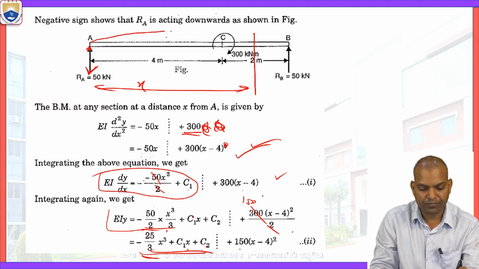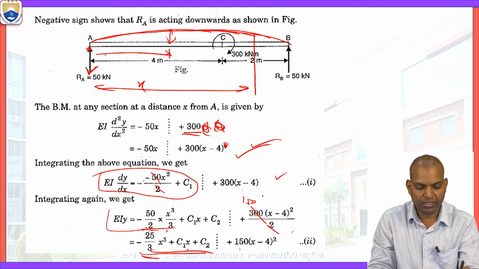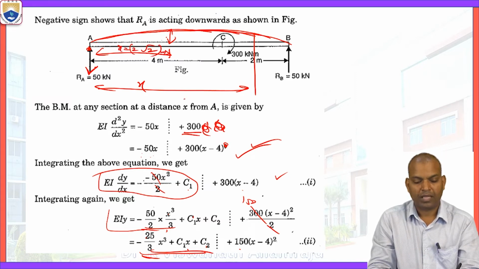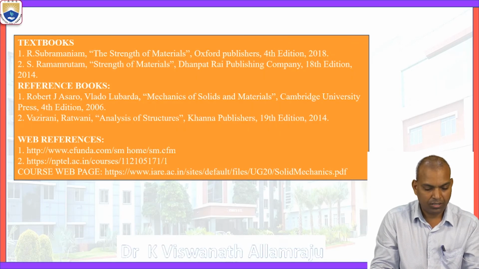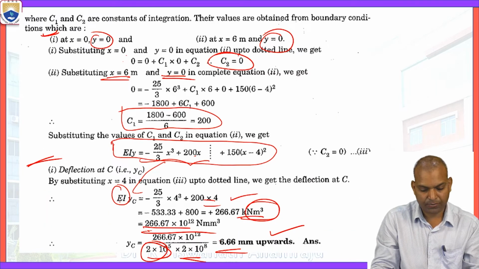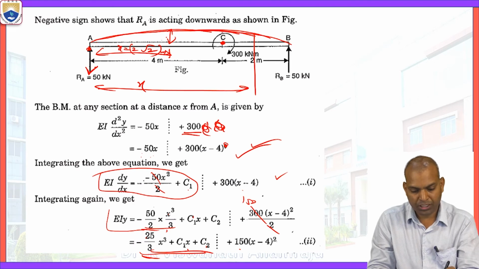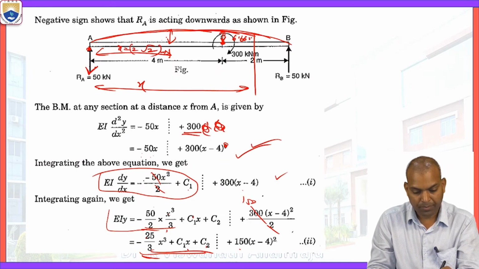The deflection curve comes in this manner up to the point B. At x equal to 2 root 2 meters it is upwards, and also at point C, what we calculated here, 6.66 millimeters, upward.